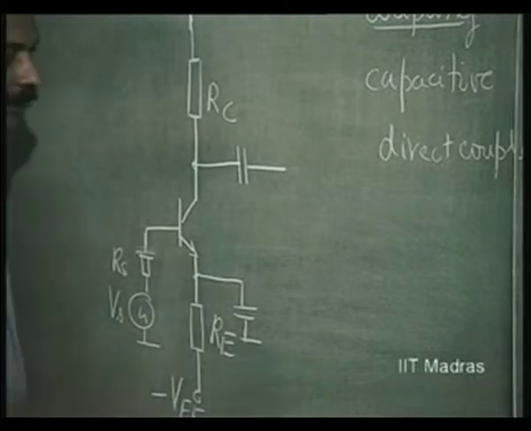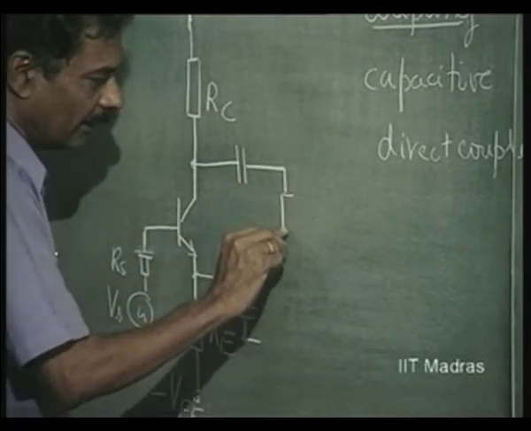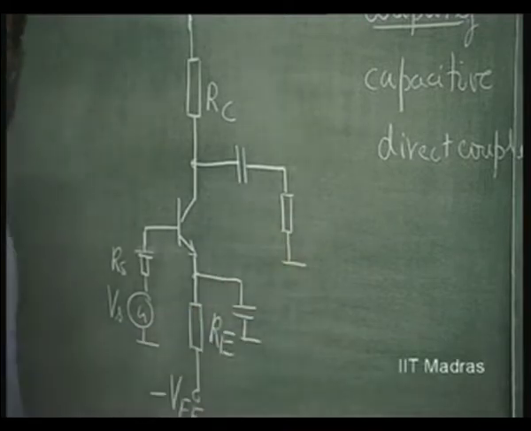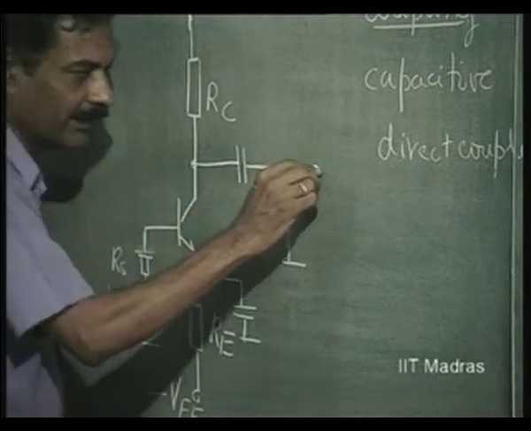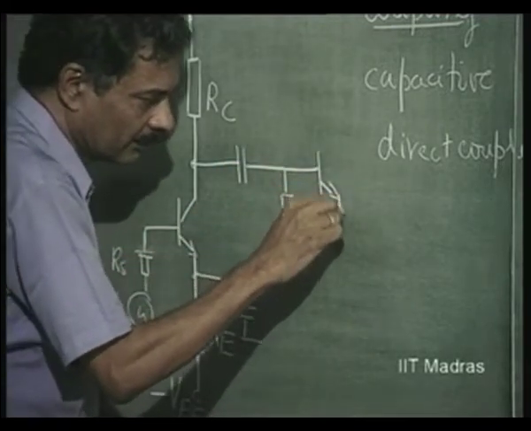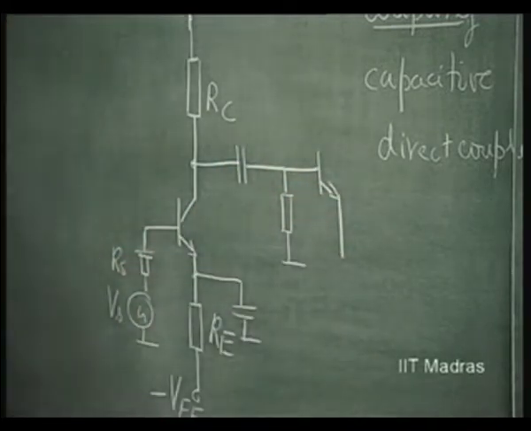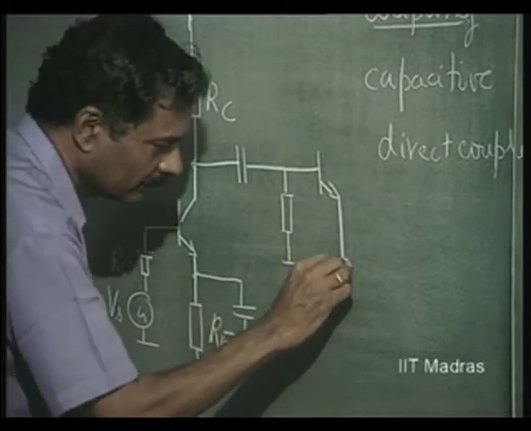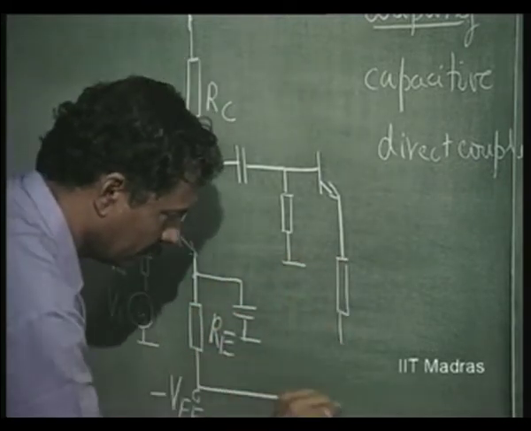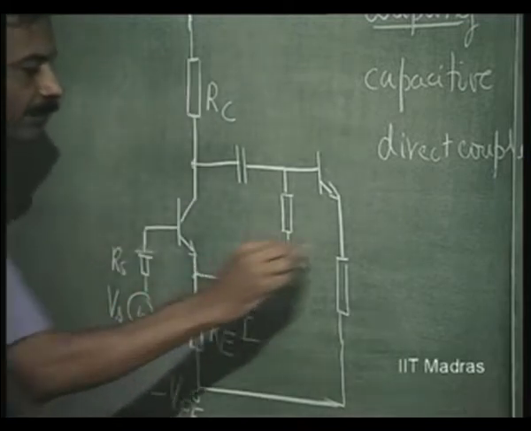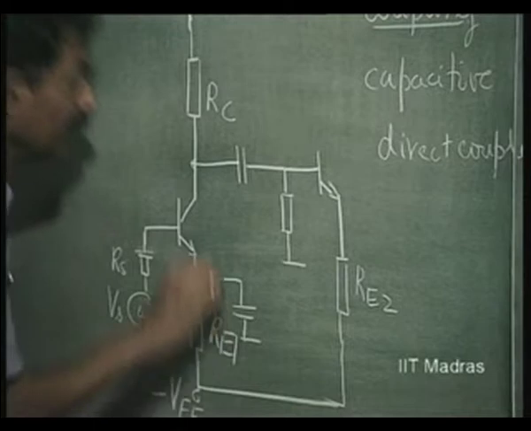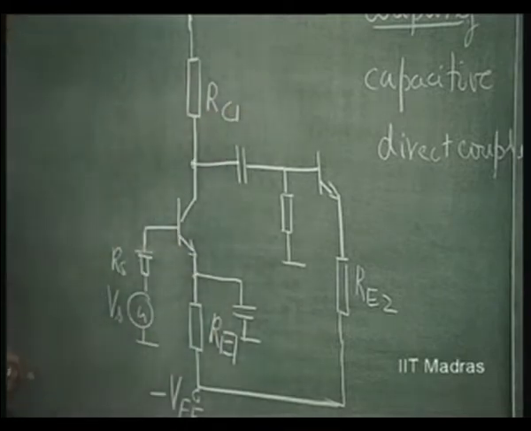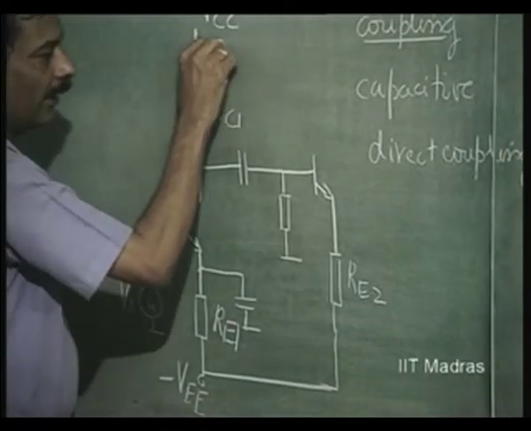So, how do I do it in the next situation? I have to put a resistance here, right, so that this voltage is coupled onto the base of this, and then it will have its RE2, let us call this RE1, this will be RC1.